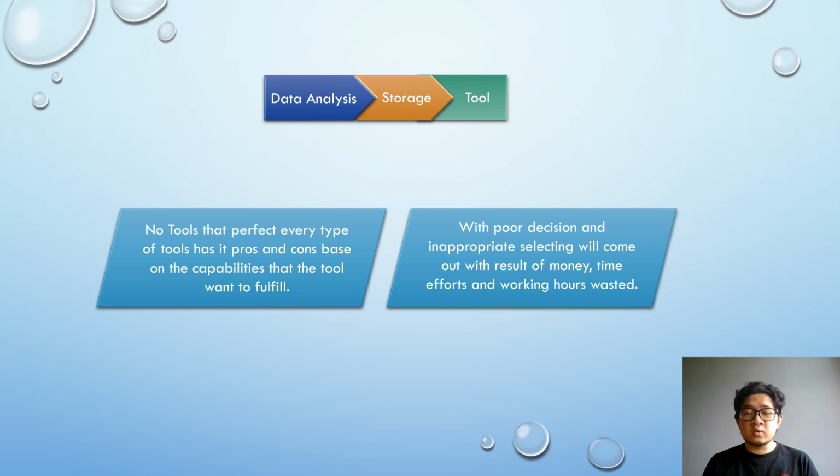As for now, we know that there are no tools that are perfect, that are complete, that have every type we need, because all the tools have pros and cons based on the capabilities that the tools have been created for, what the tools want to fulfill.